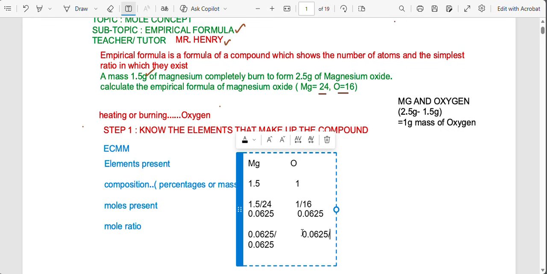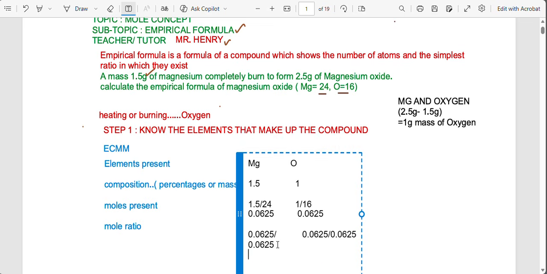Also on oxygen we say 0.0625 divided by 0.0625. Okay, then you write the answers.